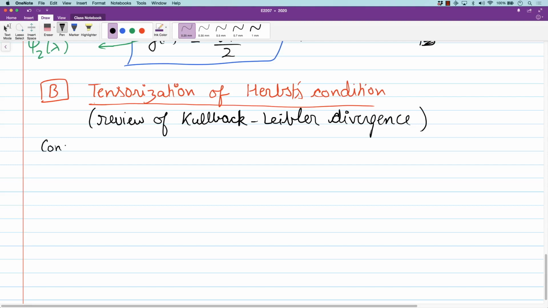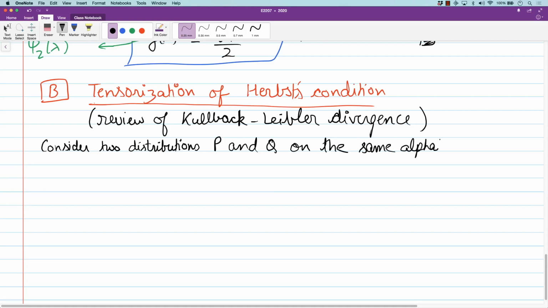So consider two distributions P and Q on the same alphabet, and such that Q is absolutely continuous with respect to P. That's the notation for it.